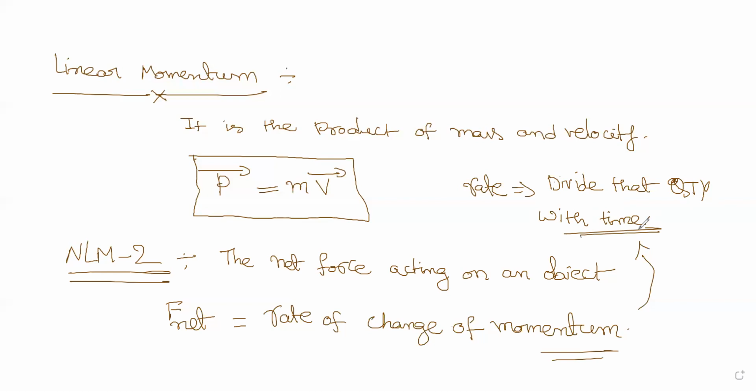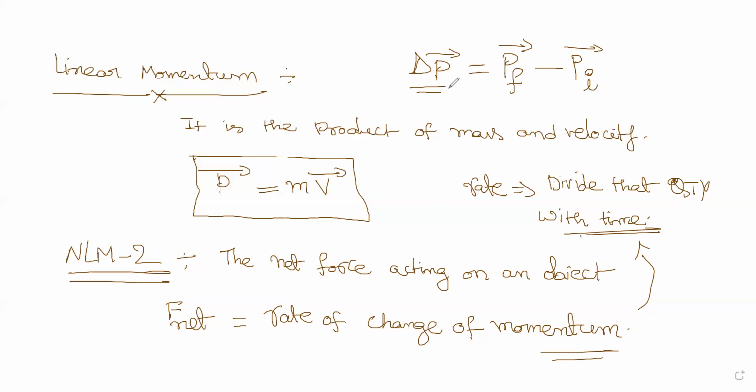So rate of change of momentum means there is a change in momentum, that is delta p bar. This is how we designate it. That is the change, the final momentum minus the initial momentum. You can take the difference of the final momentum and initial momentum.